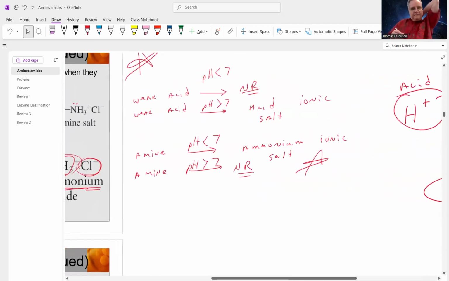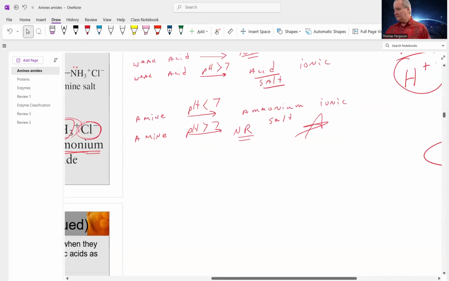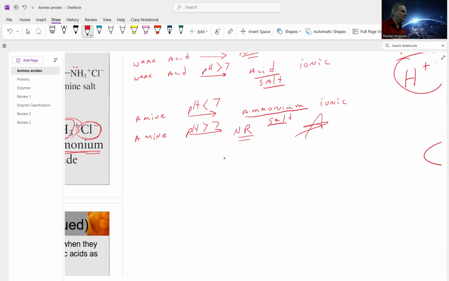So like we did before, we have a weak acid in acidic conditions, no reaction. A weak acid in alkaline conditions, we end up with the acid salt. Amines in acidic conditions, we end up with the salt also, only it's called ammonium salt.